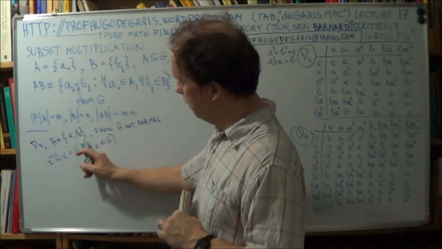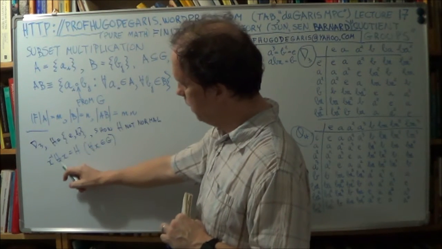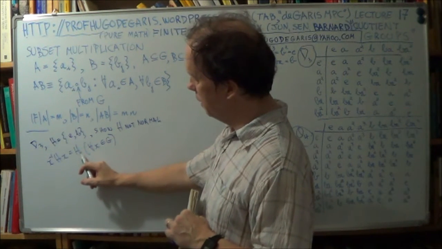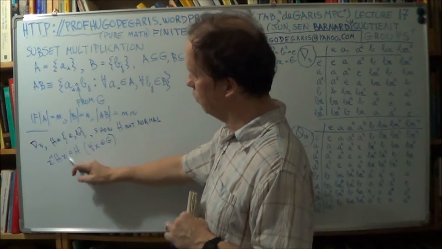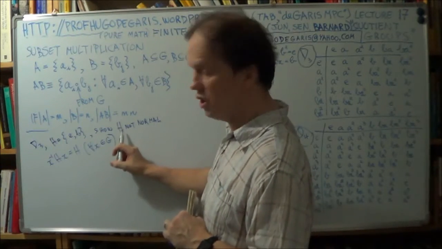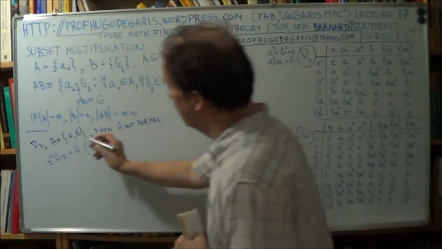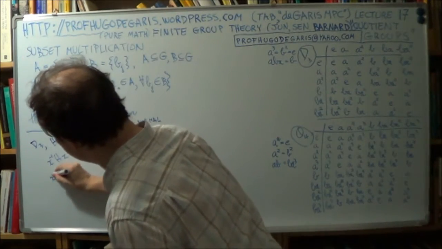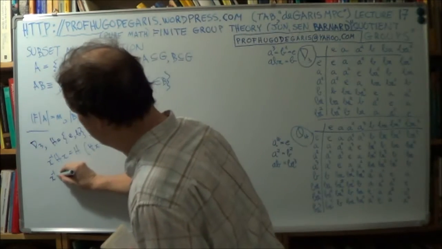But if I take this B here, put B here, will I get something that belongs to H? Will the result be E or B? If not, H is not normal, right? So that's the strategy we'll take. Well, let's try E. So we only got two cases, right? So let's try E.